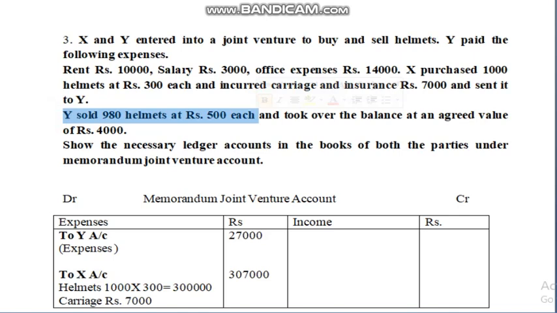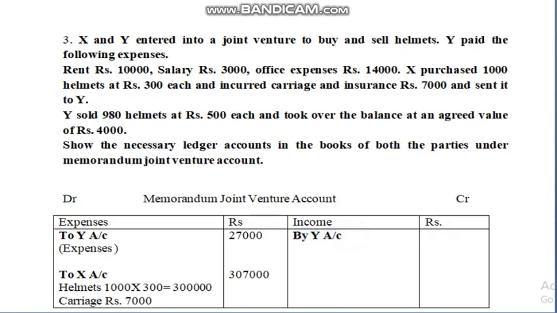The third transaction: Y sold 980 helmets at rupees 500 each. Sales is always an income. So recording on the income side. Who sold the helmets? The helmets were sold by Mr. Y. So to Y account. How much?